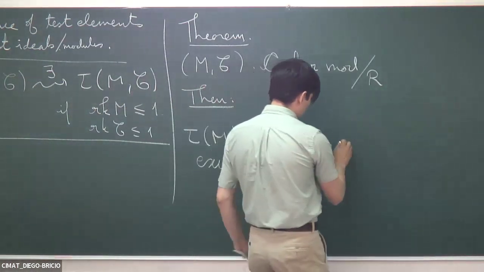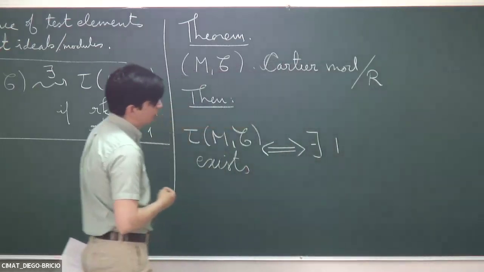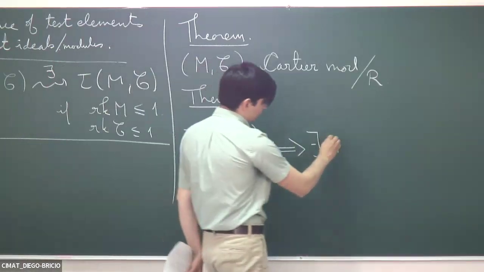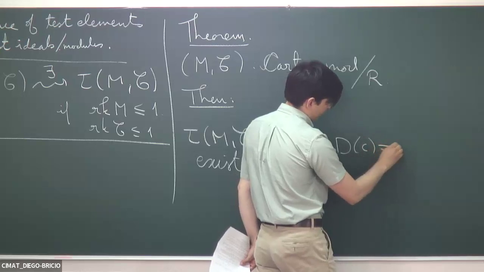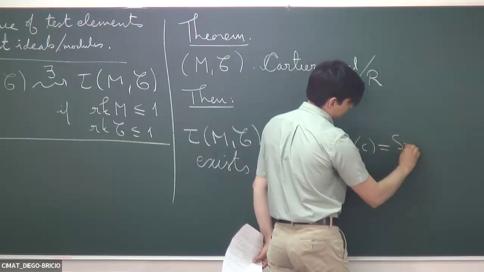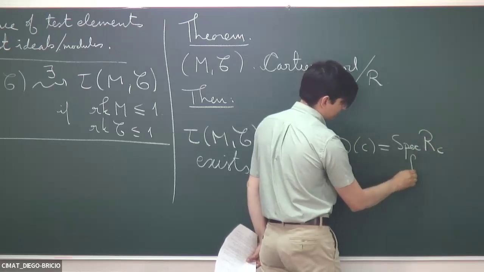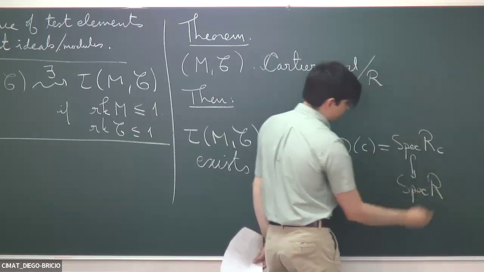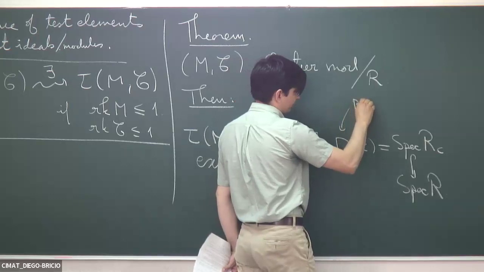So if there exists an open, and I'm going to take this open of the spectrum of R to be principal. It is going to be D of c. Remember, if you want, this is the spec of R localized at c. You know, this maps inside the spec of R as a principal open. Okay? So there exists a principal open.